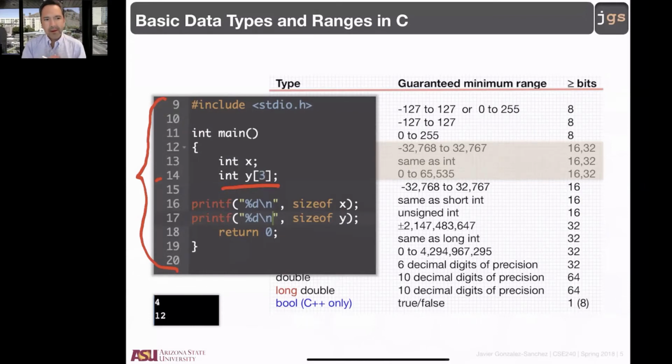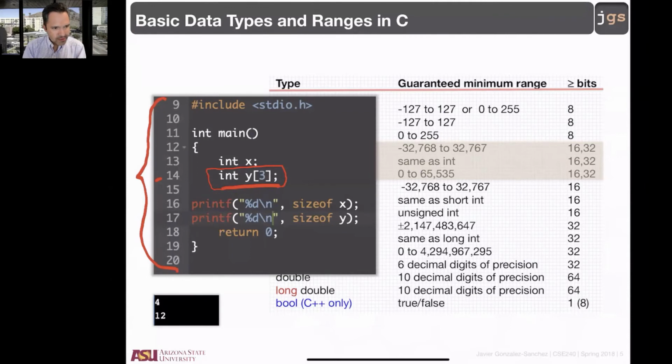Do you remember if that one is the same in Java or something is missing compared with Java? Every single time in Java that you want an array, you need to use a particular keyword, remember? Yes, the new.